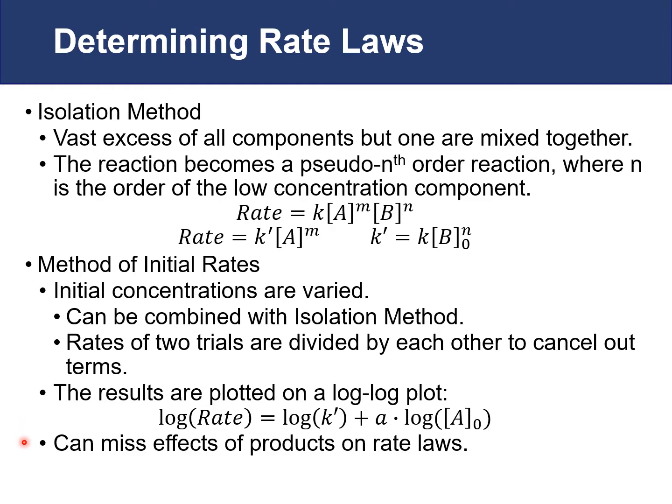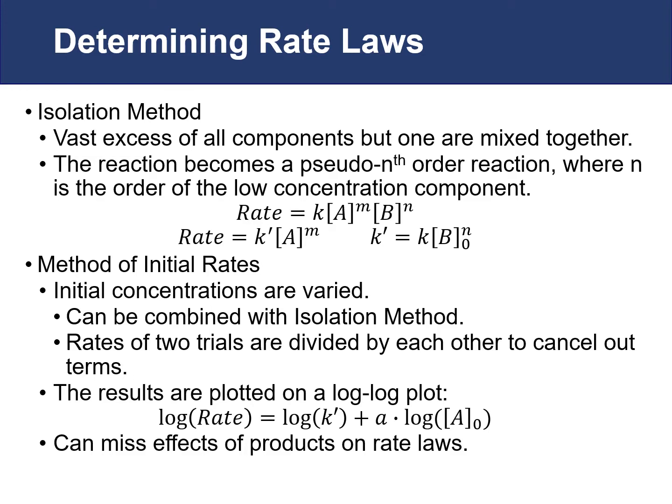The problem with the method of initial rates is that it will typically miss effects that products can have on the rate law. In a previous video, we were looking at the rate constants and the units associated with them. Within that particular slide, there was this part where we were looking at the rate law for the reaction between hydrogen and bromine.